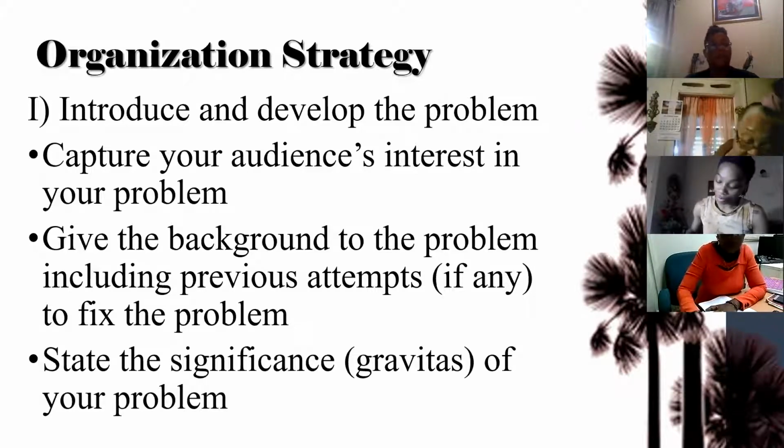So we want to introduce, capture attention, give background, and here's the significance. It turns out that internet is a right, not a privilege. And we are in a deep crisis.